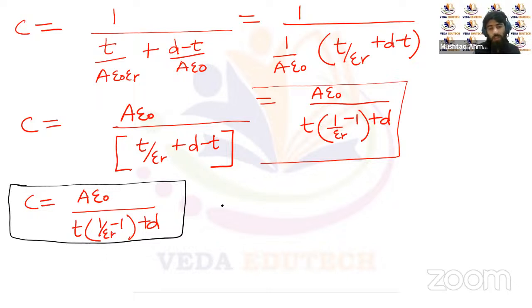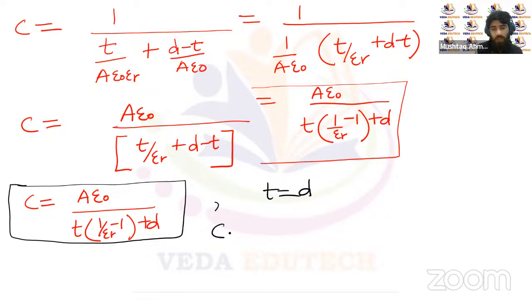If this capacitor is fully filled, it means that T will be equal to D. Put T equal to D in this equation. Then D minus D will be 0, and we'll be left with D only.